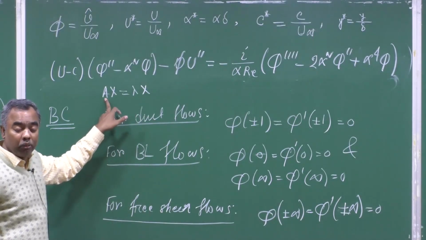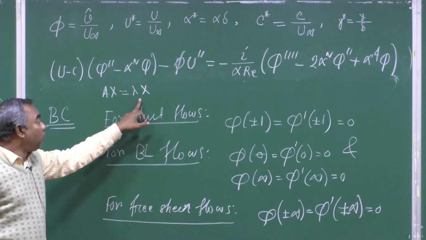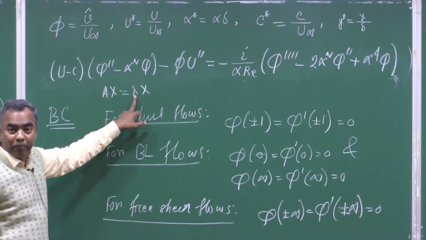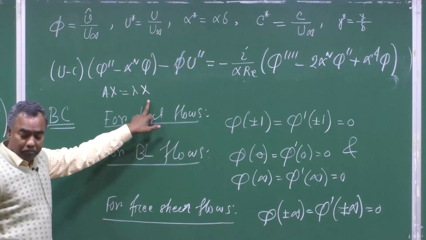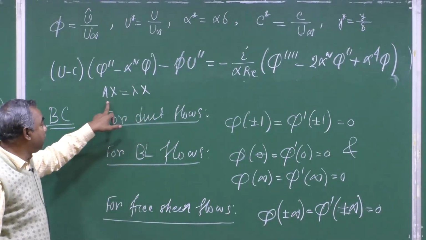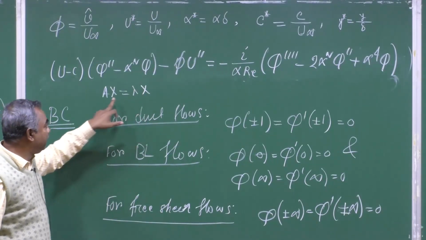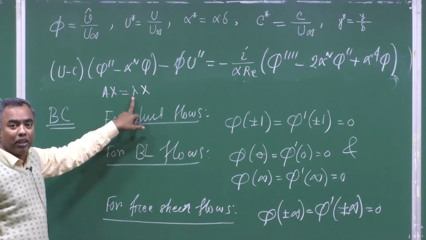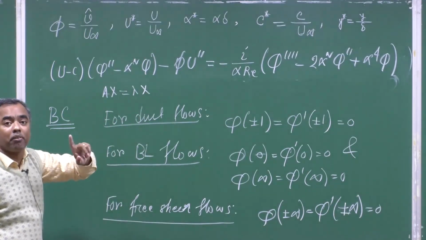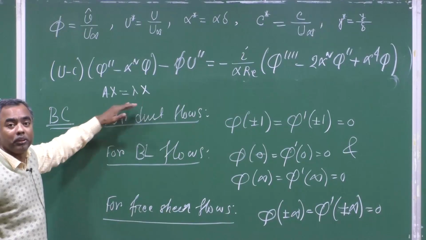You must have solved some 3 by 3 eigenvalue problems of this nature, and you must have seen some eigenvalues lambda 1, lambda 2, lambda 3. For some particular values of lambda only, this equation will be satisfied.